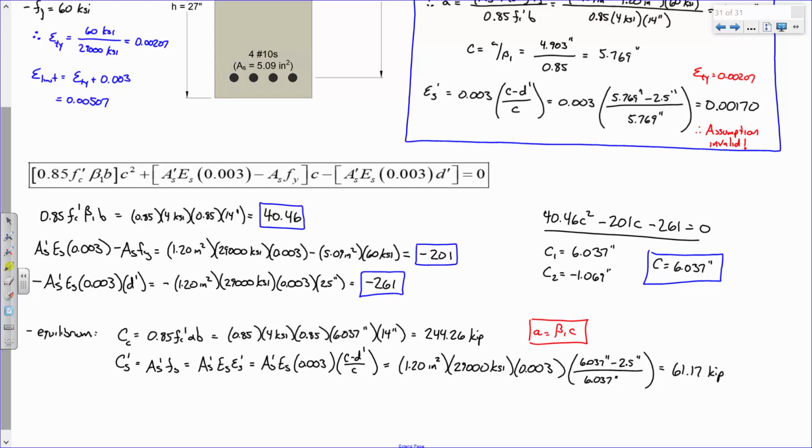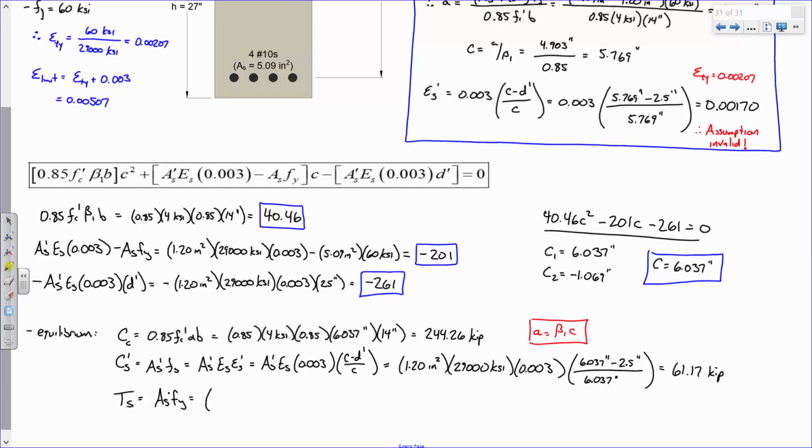So this is 61.17 kips. Okay? Now, we've got one more force to compute. Let's compute the tensile force. So that is AsFy.